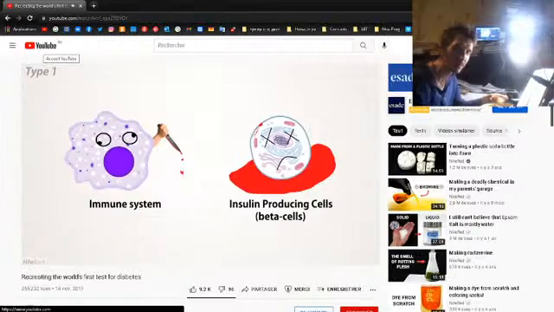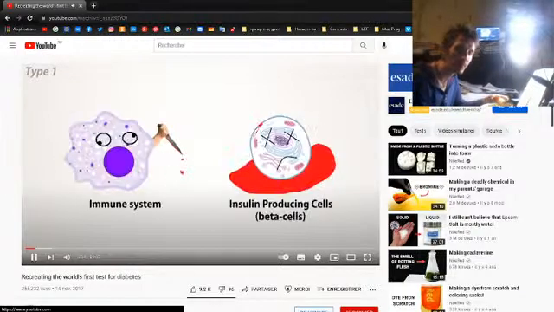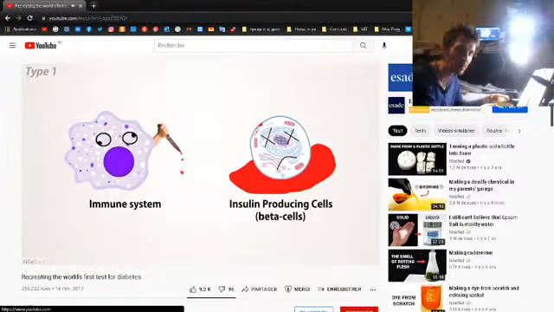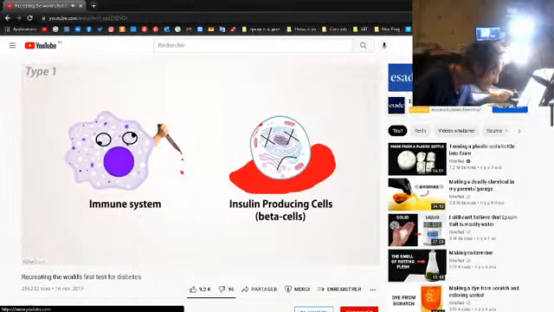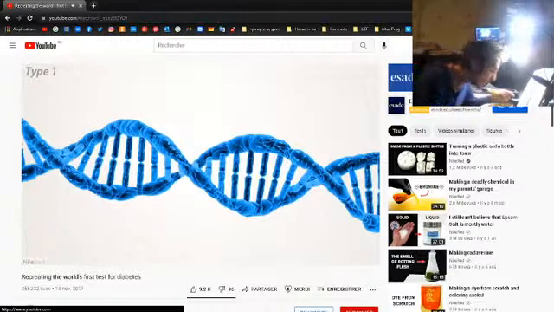In most cases of type 1, the insulin producing beta cells of the pancreas are destroyed, usually by the body's own immune system. The exact reason why this happens is not yet known. However, it's believed that genetics play a large role and that exposure to certain environmental factors like viruses can act as a trigger.